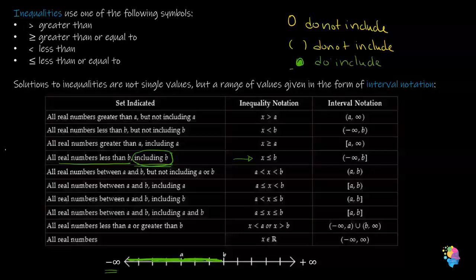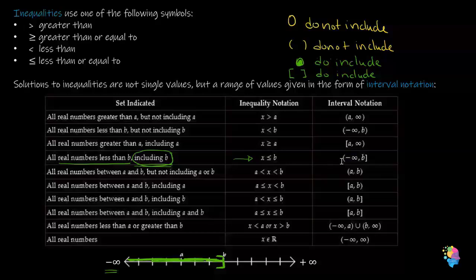Other books use the square bracket to say that we do include the number. We are going to use the square bracket to help us with the interval notation. Since we are shading to the left, I'm going to use this square bracket. So if you notice, we're shading from left to right, from negative infinity to B. So then the interval notation will be negative infinity to B. Since we are including B, the B will take a square bracket, but again, the infinity will always take a parentheses. An infinity will never take a square bracket.